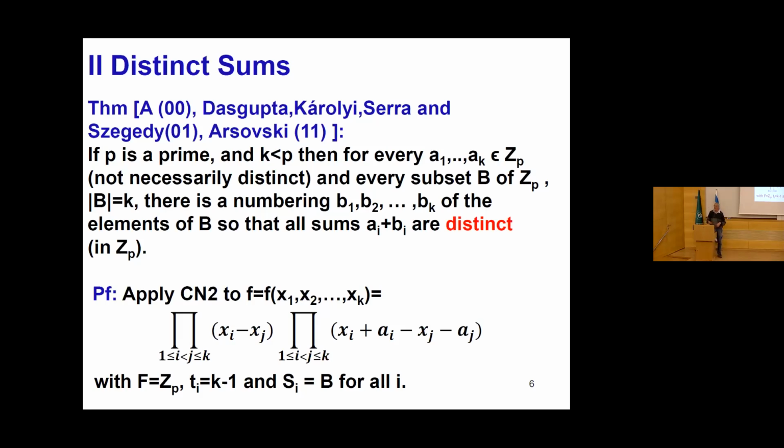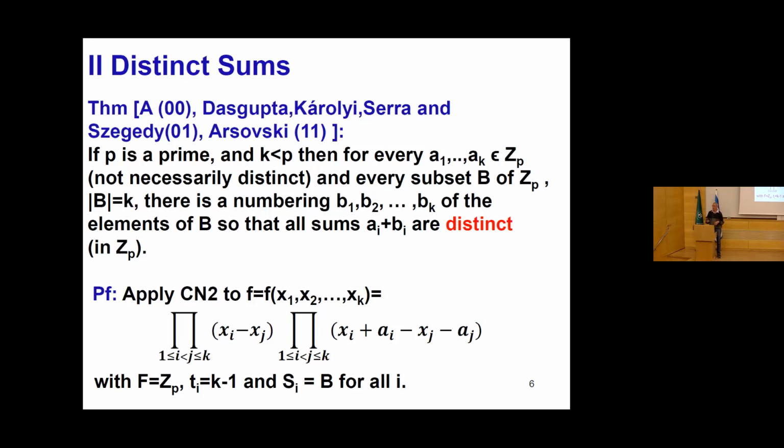So if you have a prime p, and k will be some number less than p, and we have a sequence a1 up to ak in Zp, the finite field with p elements, or the integers modulo p. They do not necessarily have to be distinct.